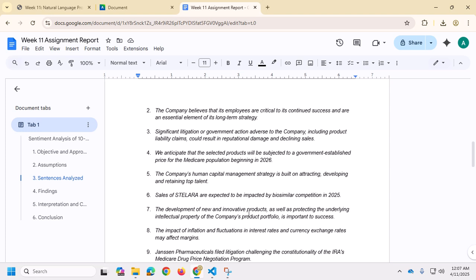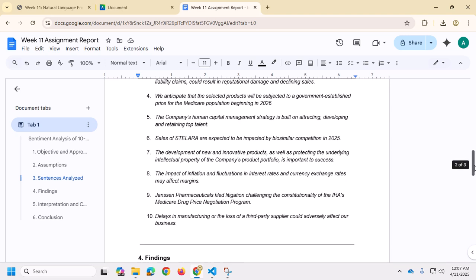"The development of new and innovative products, as well as protecting the underlying intellectual property of the company's product portfolio, is important to success." "Janssen Pharmaceuticals filed litigation challenging the constitutionality of the IRA's Medicare drug price negotiation program." "Delays in manufacturing or the loss of third-party supply could adversely affect our business."